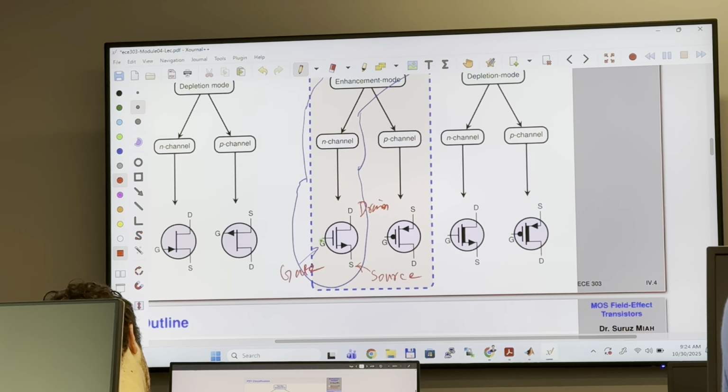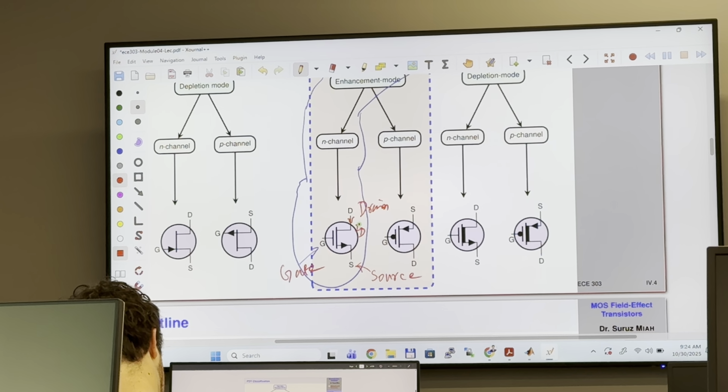Okay? Current flows from drain to source, and electrons flow from source to drain.